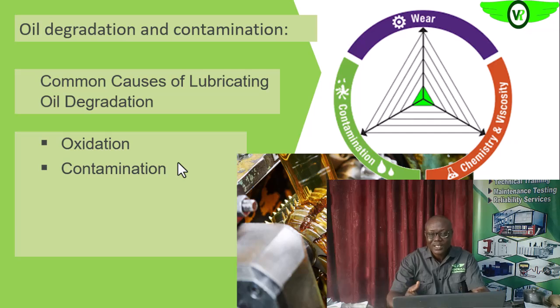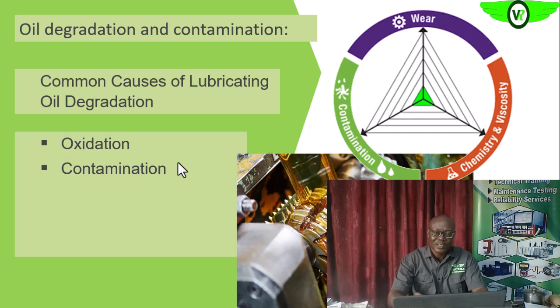That can reduce the viscosity if it is fuel, and change the chemistry altogether. At the end of the day, that will affect the parts along the line through which the oil will go. And if the contamination is from cooling water, that will increase corrosion.